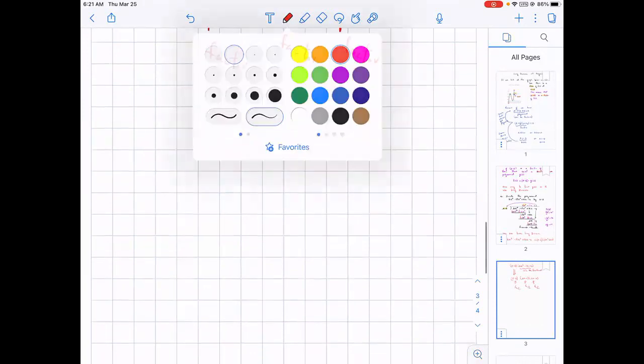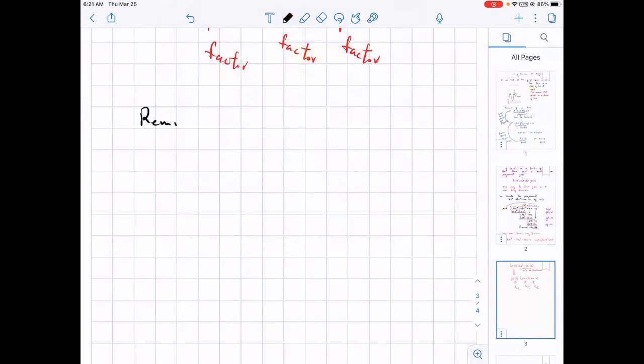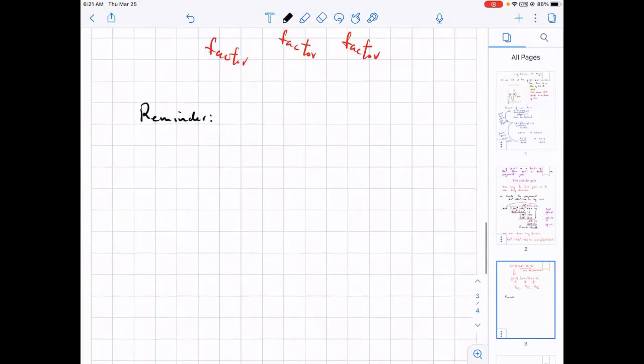So as a quick reminder, if we have, let's say, x squared plus 3x plus 5.